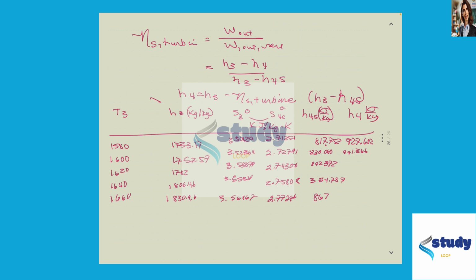What did I write there? That should have been 854. And then there we go. The closest value we get will be 1620. So H3 will be 1782.